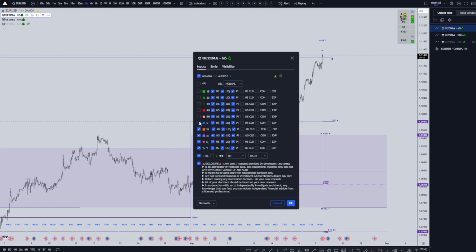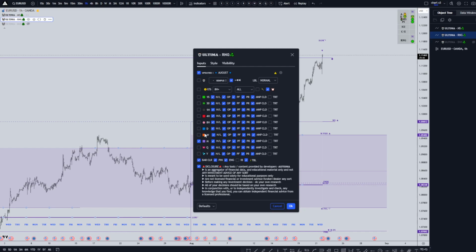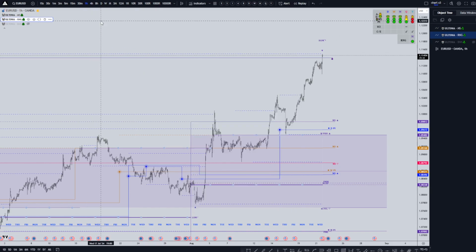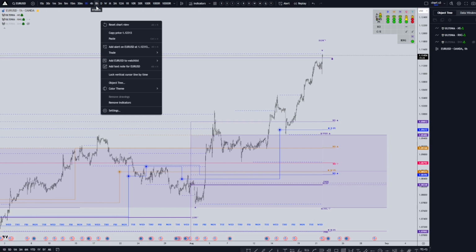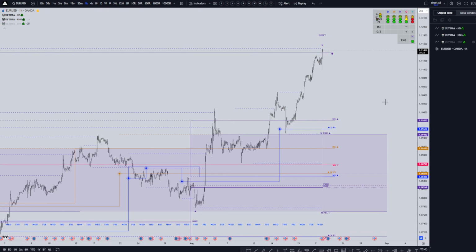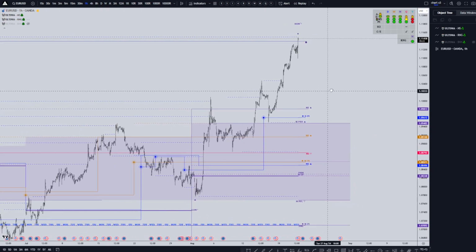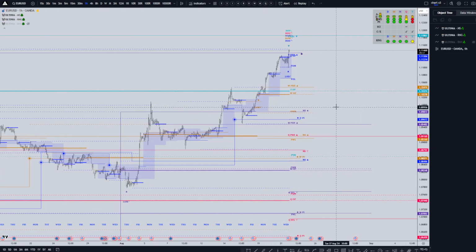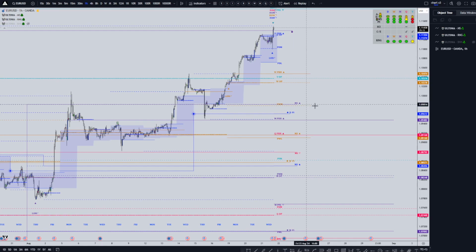Something like this, and then on range I would have something like this, but I don't want to see any manipulation clouds except daily. And keep probably the same 1 hour. So this would be the template for higher time frame.